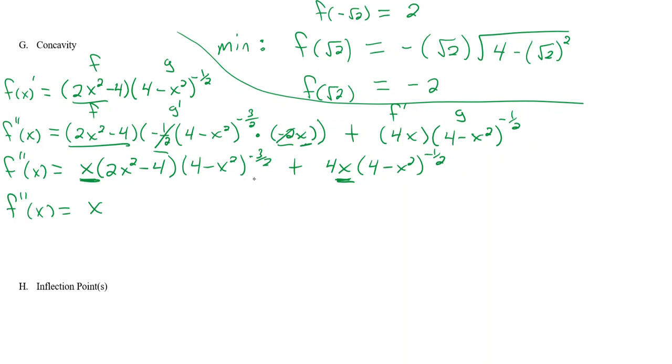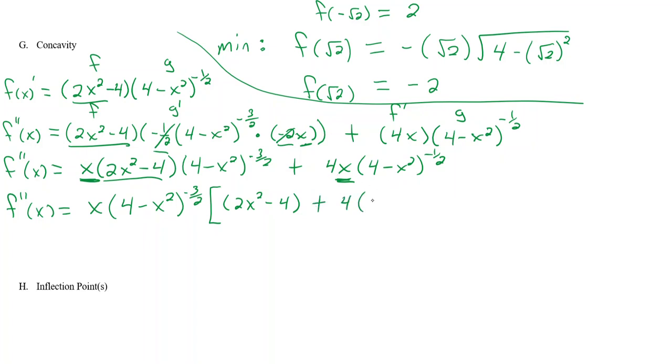And then, like I said, we'll factor out now 4 minus x squared to the power of negative 3 over 2. And then I'm going to write what I've got left. So now what we have left in this term is just this. So we've got 2x squared minus 4. And then coming over to the next one, we factored out the x, but we still have this 4. So we have plus 4.